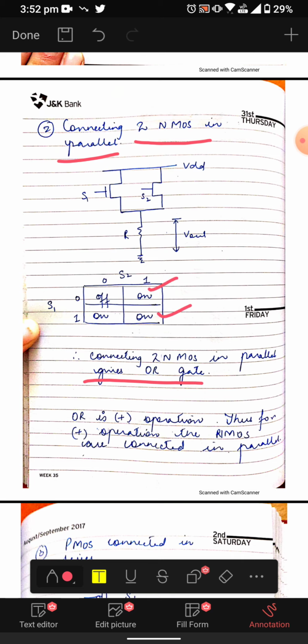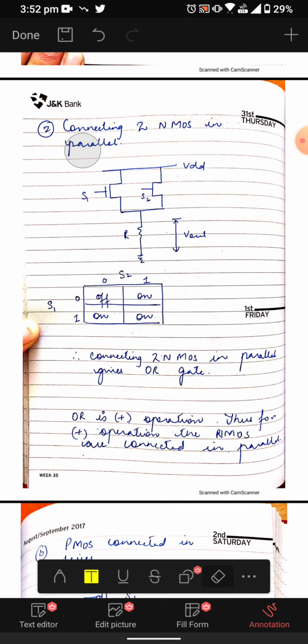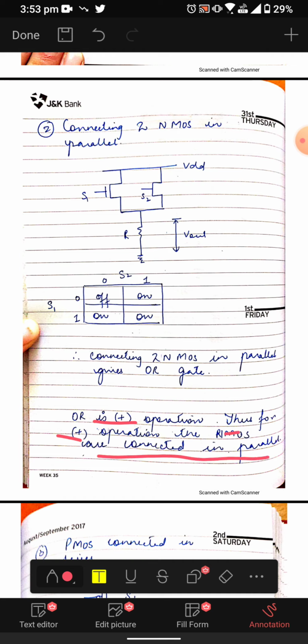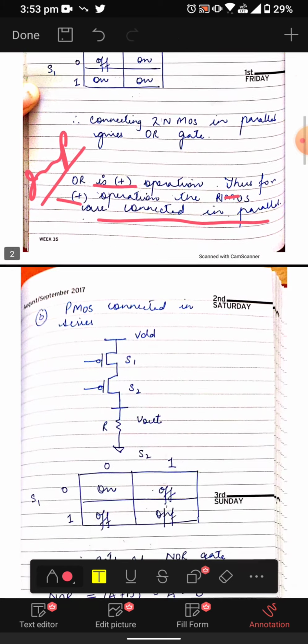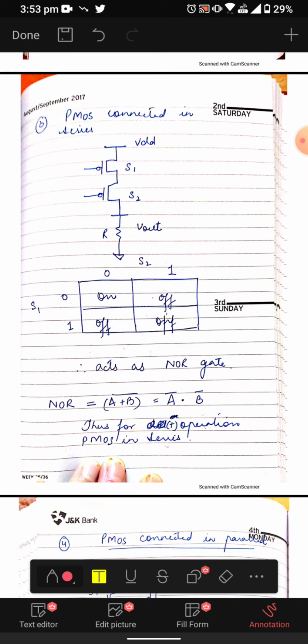An OR gate is on when both the inputs are on, or when either of the inputs is on, or at logic level 1. So connecting two NMOS transistors in parallel will produce an OR operation at the output. OR is denoted by the plus operation or the sum operation. Thus for the sum operation, the NMOS need to be connected in parallel. Now again keep these lines in mind. Now this was about NMOS.